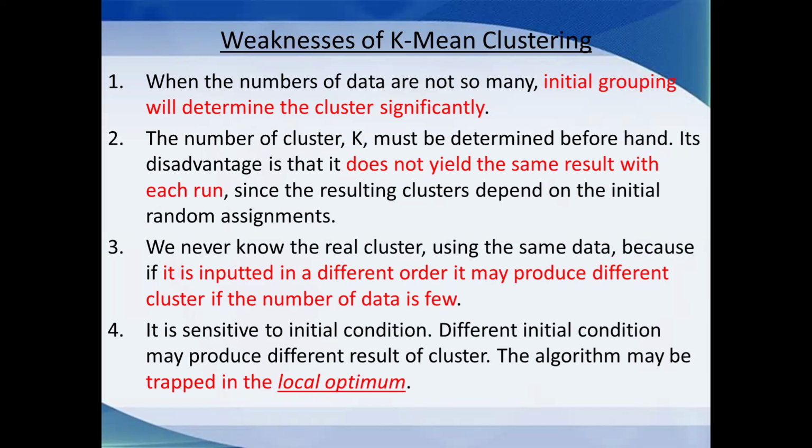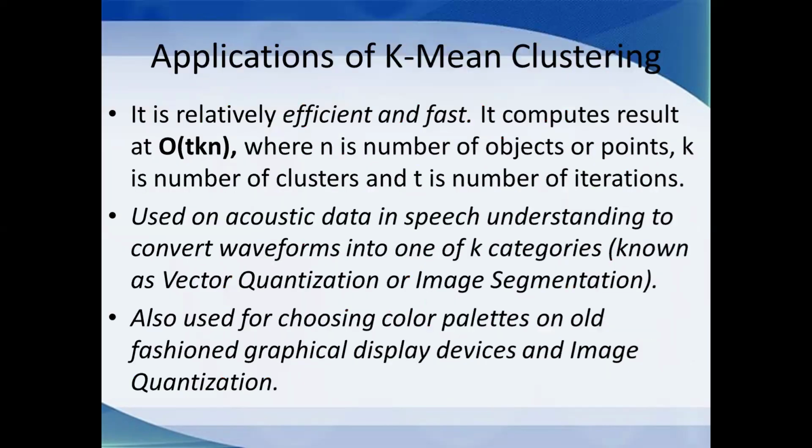So it will produce inconsistent results. And when the input is changed, so the placement of data in the input data set is changed, it will affect the results. And it is very sensitive to outliers.